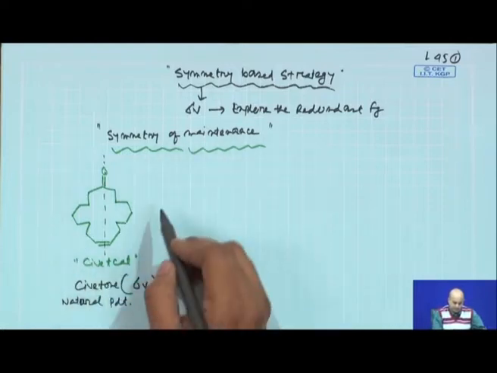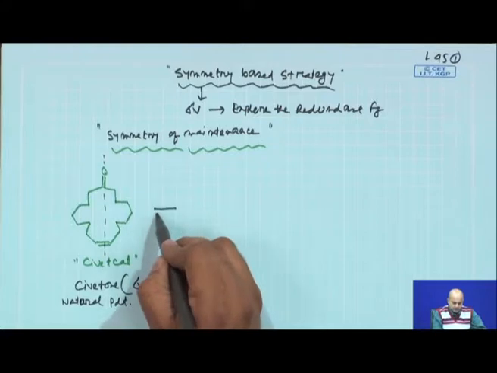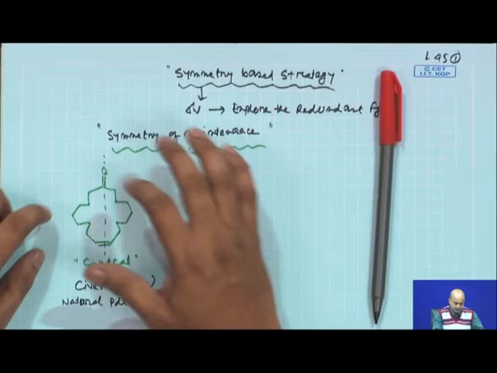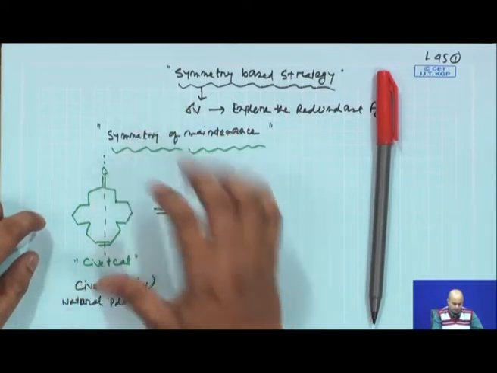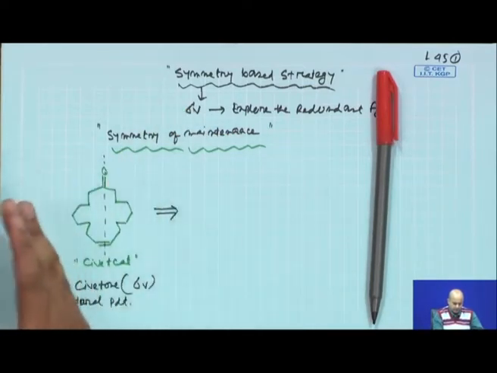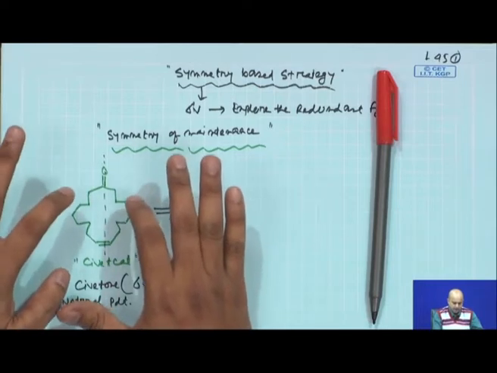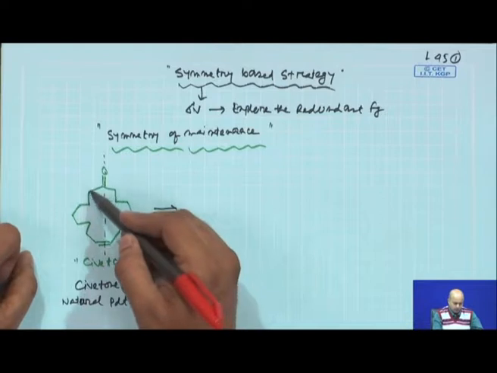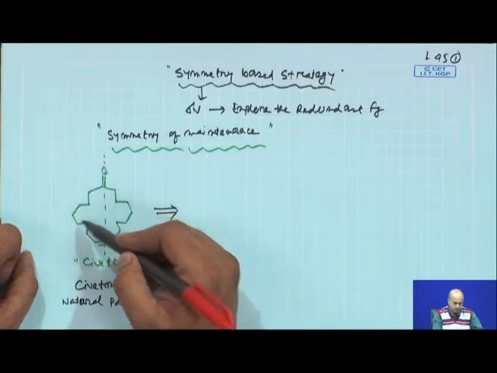If you see the structural features of this molecule, it has a carbonyl functionality, and the left hand side and right hand side have an equal number of methylene groups. How many? It is 1, 2, 3, 4, 5, 6, 7.